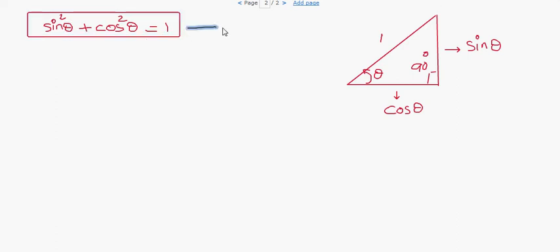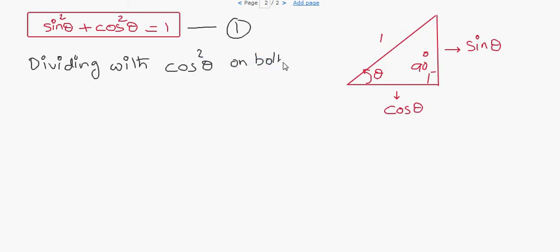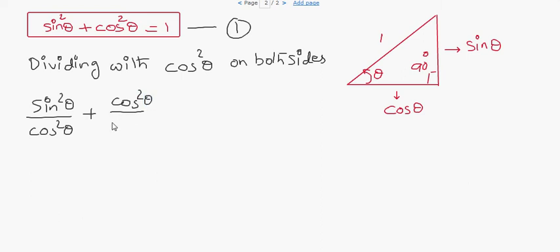Dividing this equation, let this be equation 1, with cos square theta on both sides, we get sin square theta divided by cos square theta plus cos squared theta divided by cos squared theta equals 1 divided by cos squared theta.